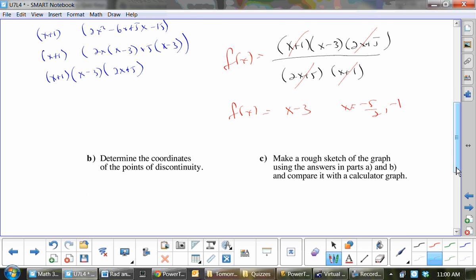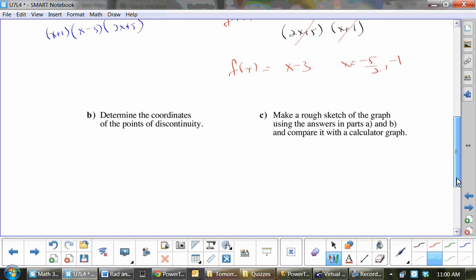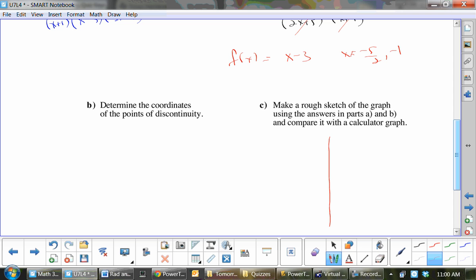Now, we want to make a rough sketch. Now remember, does anyone know what the equation of a straight line is? Y equals mx plus b. What's that thing in front of the x always?